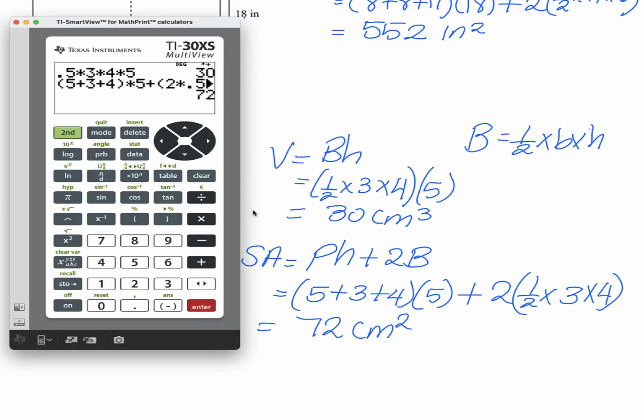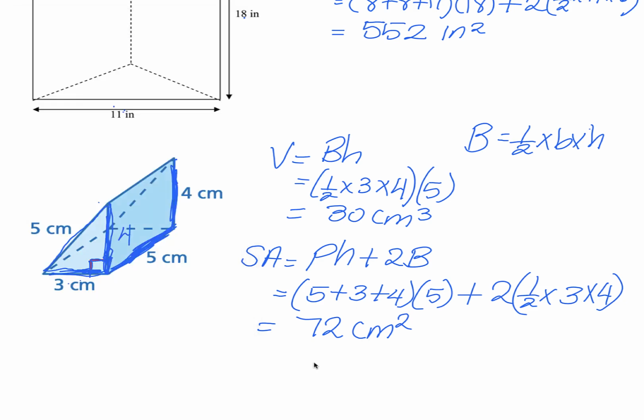If you don't want to put everything in the calculator, you can do partial. So you can do this part here, the P times H, open, 5 plus 3 plus 4, multiplied by 5. That gives you 60.